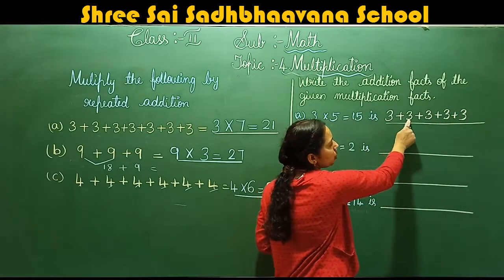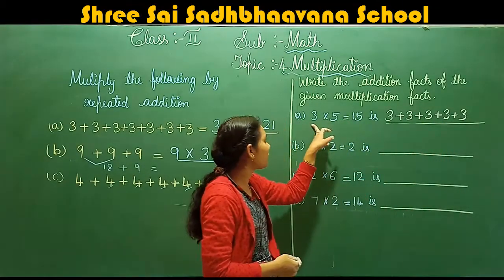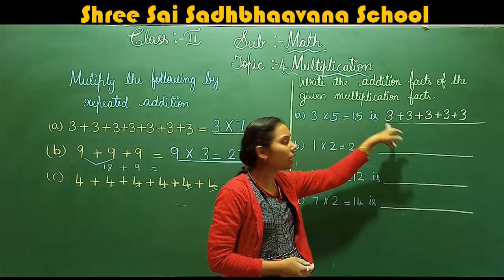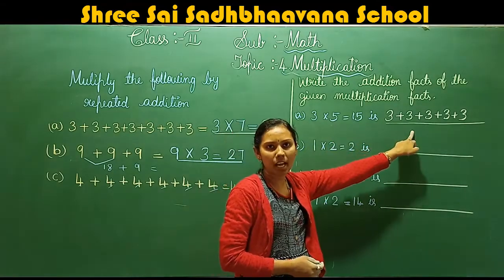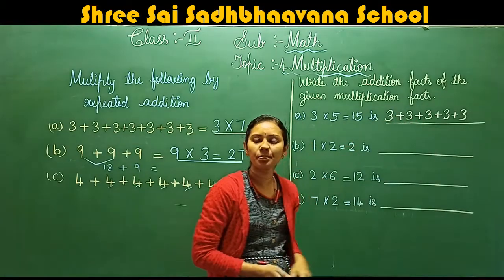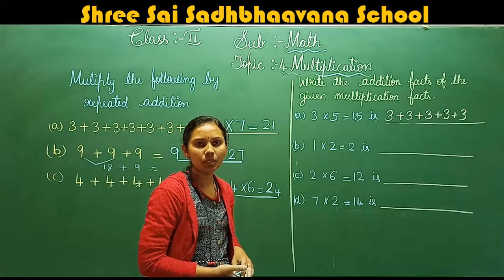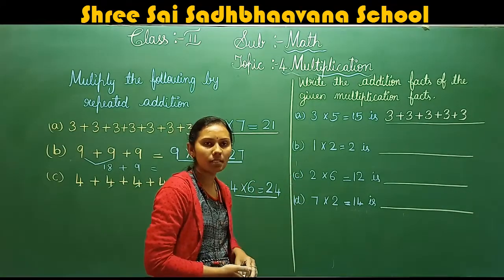That is 1, 2, 3, 4, 5. So the number 3 we are adding repeatedly 5 times. So this is the addition fact. Got it, children? Yes, let us move to the second one.